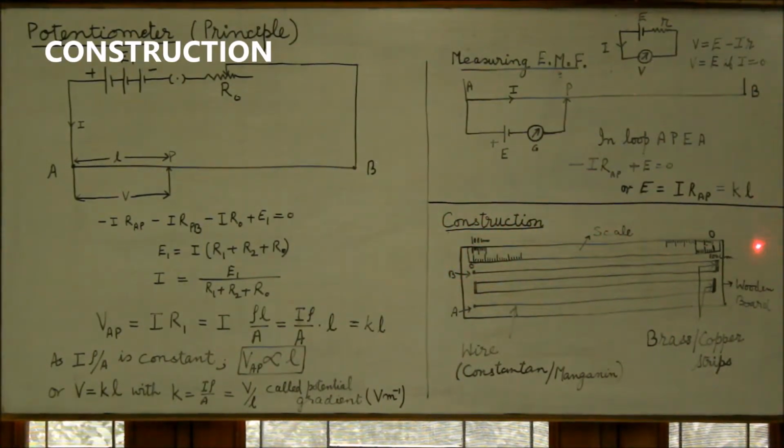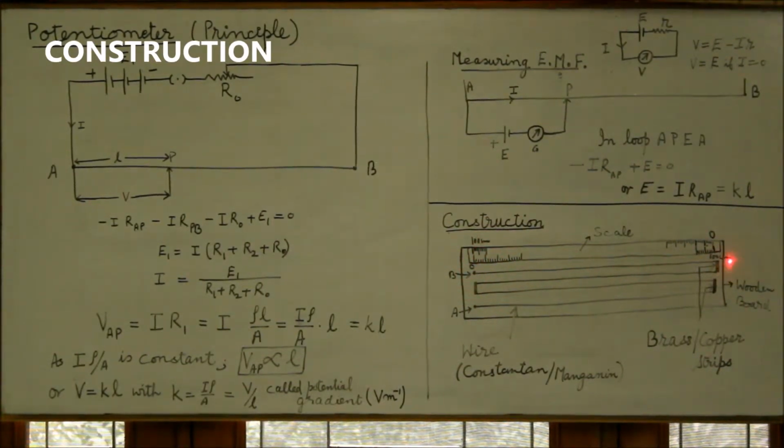It consists of a large wooden board, and on this wooden board we have a scale graduated from 0 centimeter to 100 centimeter, left to right on the lower edge, and 0 to 100 centimeter right to left on the upper edge.